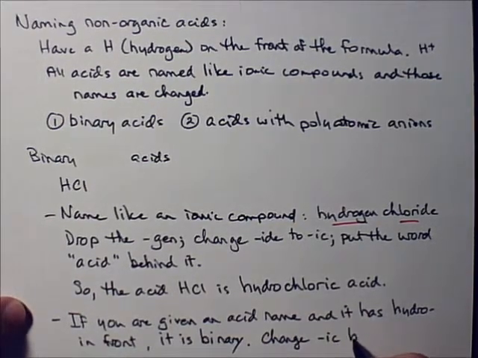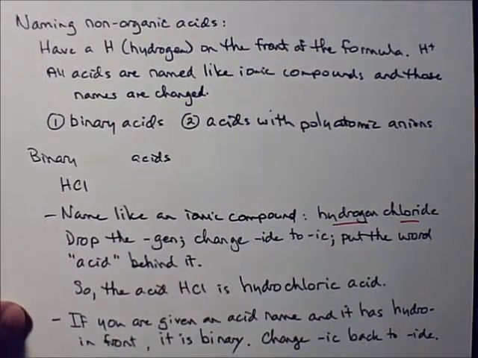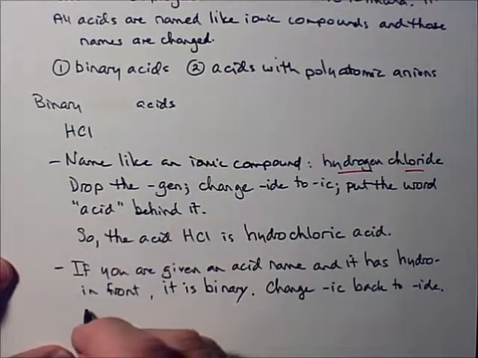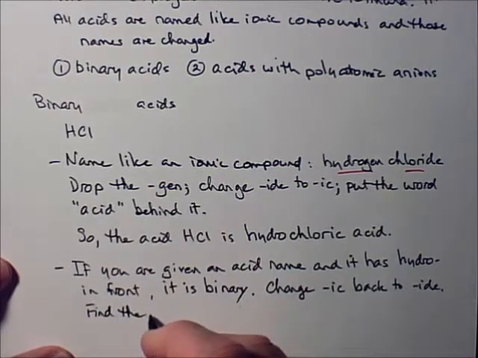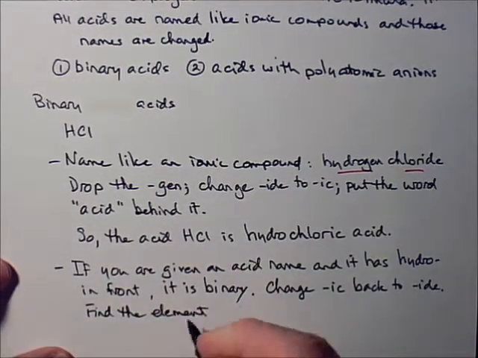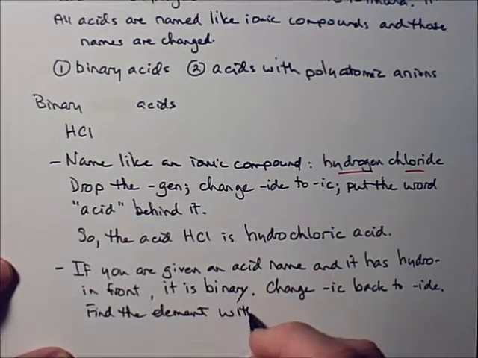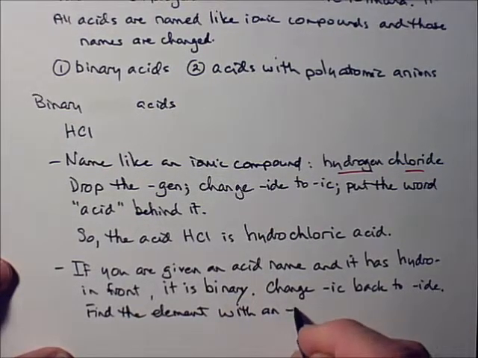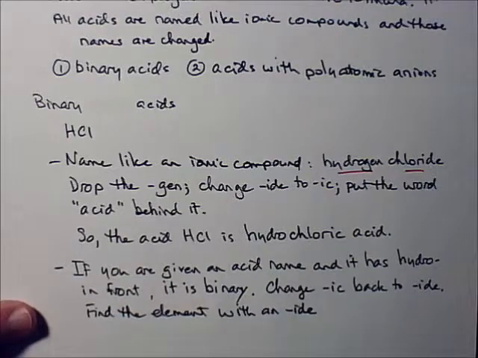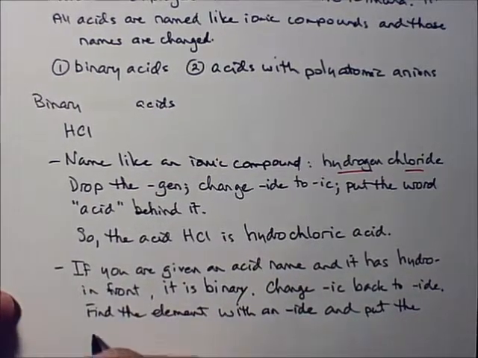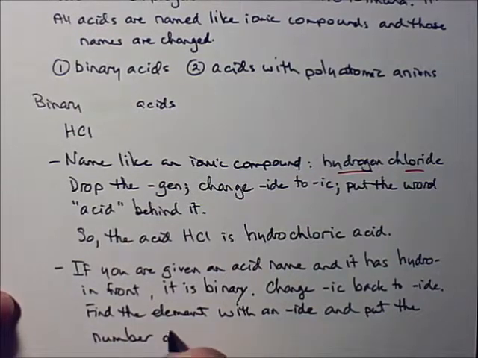Change the ic back to ide. Find the element with an ide ending, meaning that it didn't originally have an ide ending, it had originally had something else, and we changed it to ide when we named it like an ionic compound, and put the number of hydrogens we need on the front.